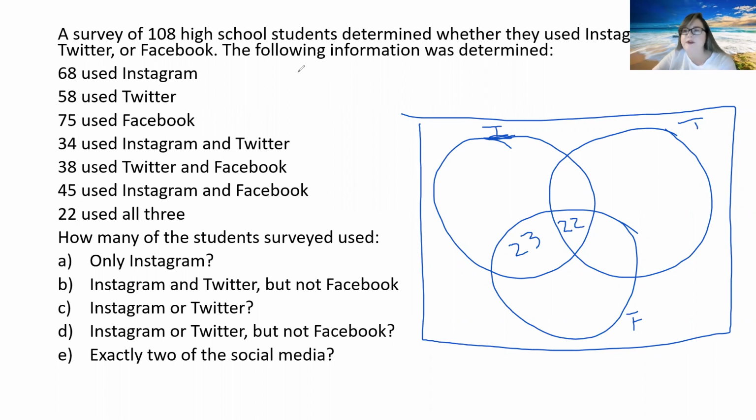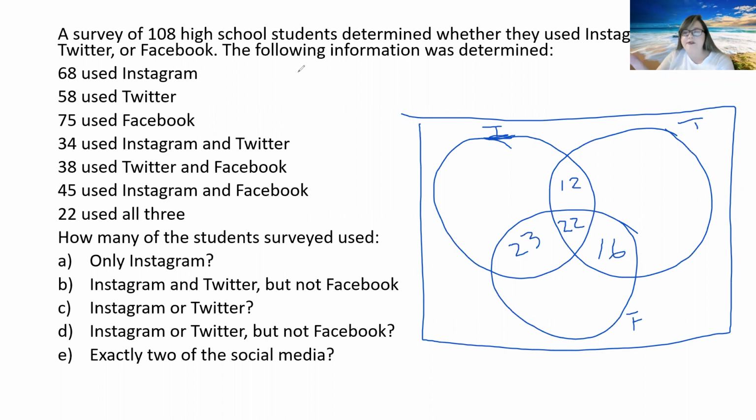That makes a total of 45 in the overlap. All right, 38 use Twitter and Facebook. So Twitter and Facebook overlap is here. Again, we've got 22 of them already. So 38 minus 22 is 16. That overlap in Twitter and Facebook. Instagram and Twitter is 34. We've already got 22 of them, so 12 are up here.